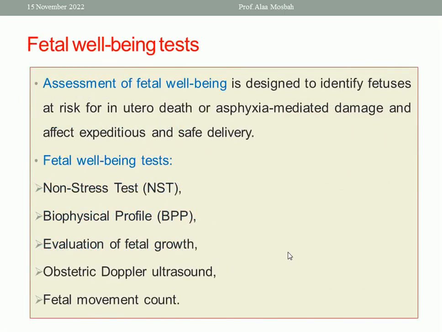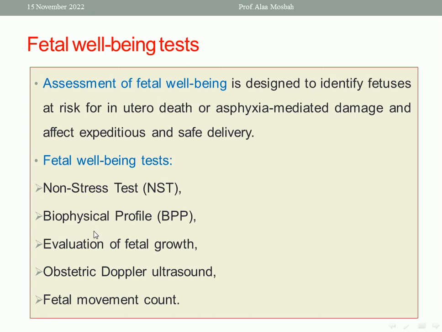So, what is your aim for using a fetal well-being test? Assessment of fetal well-being is designed to identify a fetus at risk for in utero death or asphyxia-mediated damage and affect expeditious and safe delivery.